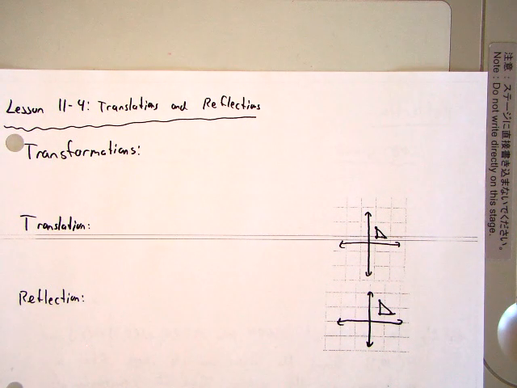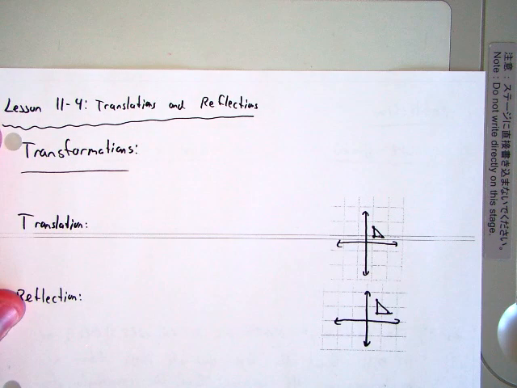Okay, today we're going to be talking about Chapter 11, Lesson 4. This is called Translations and Reflections. So the first thing we have to talk about is what's a transformation?